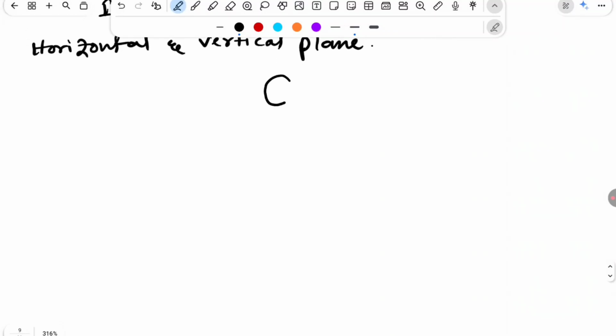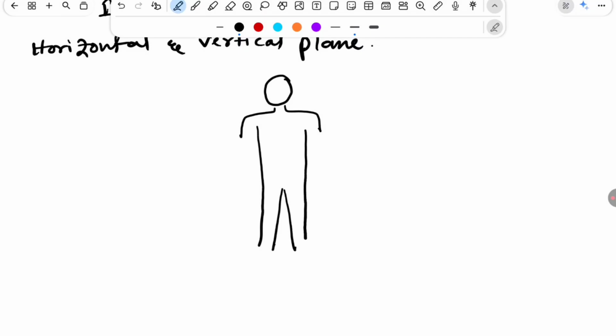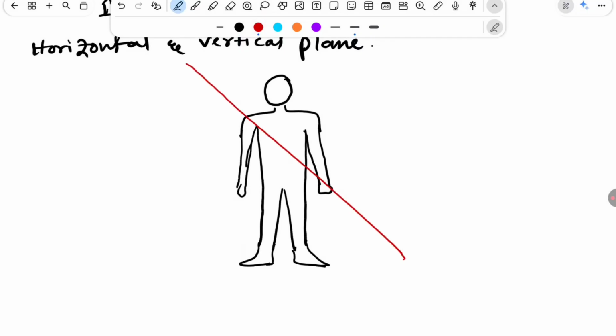Suppose a human body. If we divide this human body like oblique, we can divide this side one and this side one.